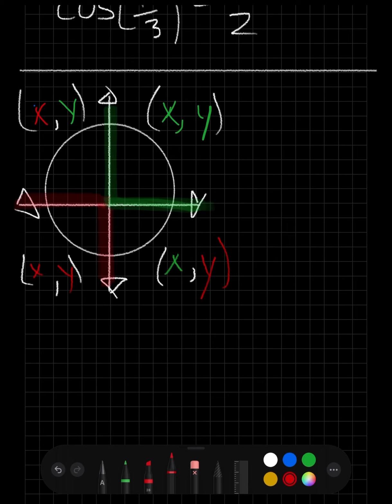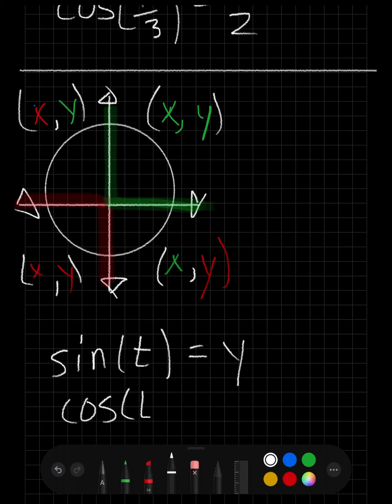Now we know some things about sine and cosine, because sine of t has something to do with the y value, and cosine of t has something to do with the x value. So looking at this picture, if I'm taking the cosine of an angle in the first quadrant, my x in the first quadrant is positive, so my cosine will be positive.